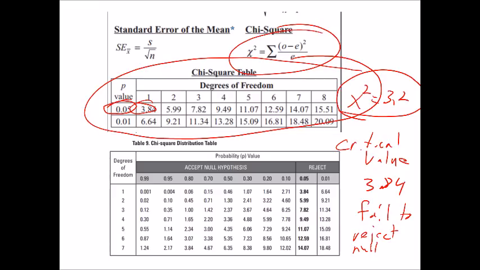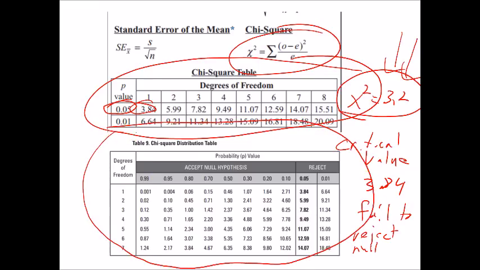All right, so let's use the p-value approach. So again, our chi-square value was 3.2. We had 1 degree of freedom. So we're going to go to this chi-square distribution table, a different table this time. We're going to go to 1 degree of freedom, and we're going to find 3.2.